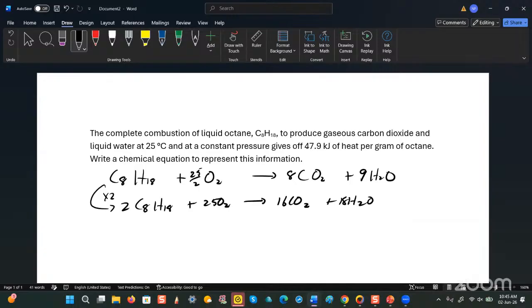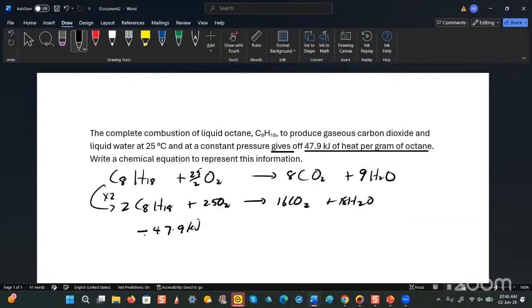Now the question says that under constant pressure, the reaction, and please note the wording here, the reaction gives off 47.9 kilojoules of heat per gram of octane. So what that tells me is that we can express this information as minus 47.9 kilojoules.